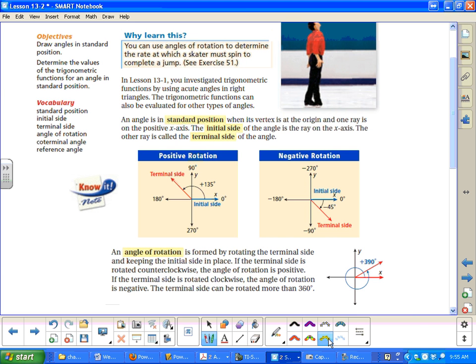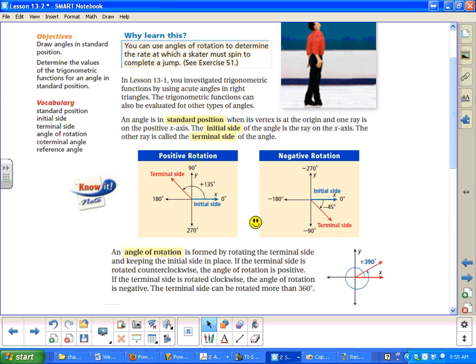Okay. An angle is in standard position when its vertex is at the origin and one ray is on the positive x-axis. So we're always going to look at them where the initial side is on the positive x-axis. That's where the angle starts, and the terminal side is where it ends.